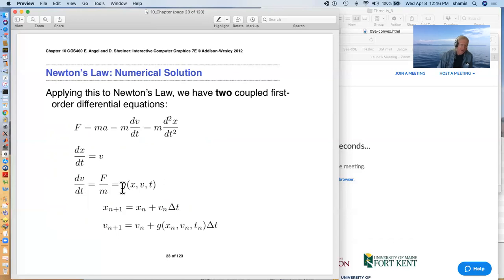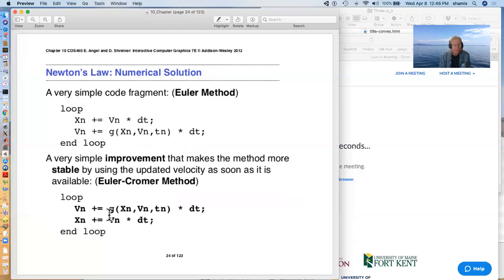And this f over m is what we have to evaluate, how the force depends on position, velocity, and time. But we have two recursion relationships. We have one for x that goes with v delta t, and we have one for v that goes with g delta t. And notice everything on the right-hand side is evaluated at the nth step and used to project forward into the n plus 1th step.